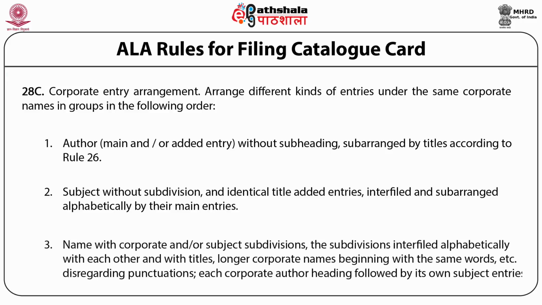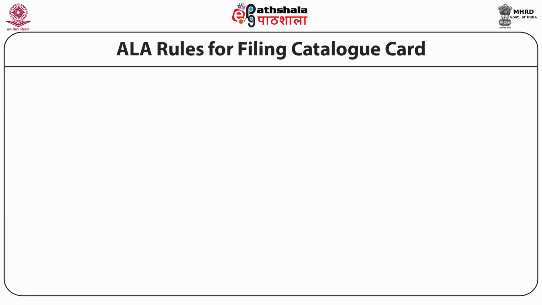Third, name with corporate and/or subject subdivisions. The subdivisions interfiled alphabetically with each other and with titles, longer corporate names beginning with the same words, etc., disregarding punctuation, each corporate author heading followed by its own subject entries.